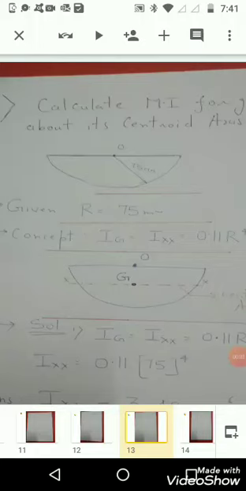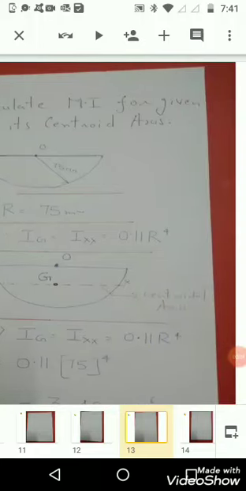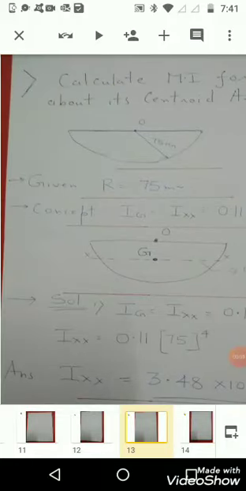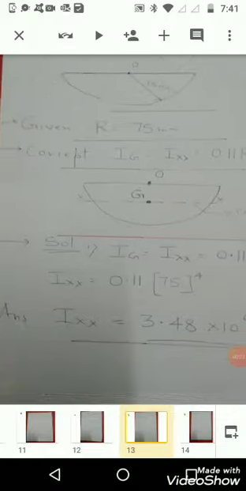Next slide. Now in this problem, calculate the moment of inertia for the given figure about its centroid. It's a semicircle, radius r is equal to 75. Ixx is equal to 0.11 r raised to 4.